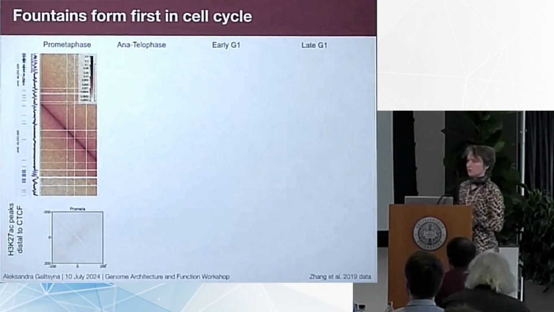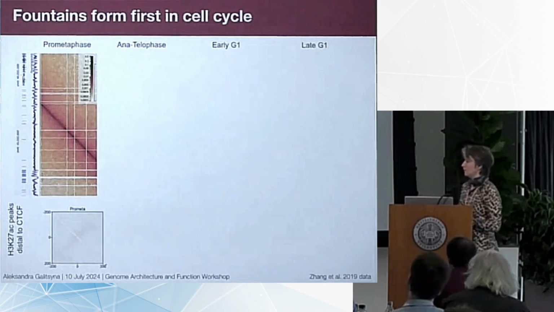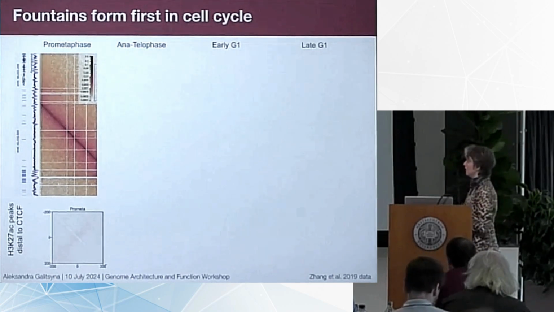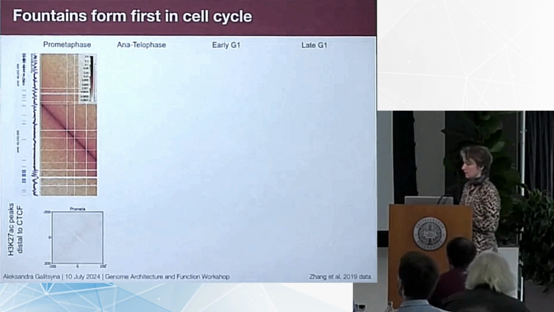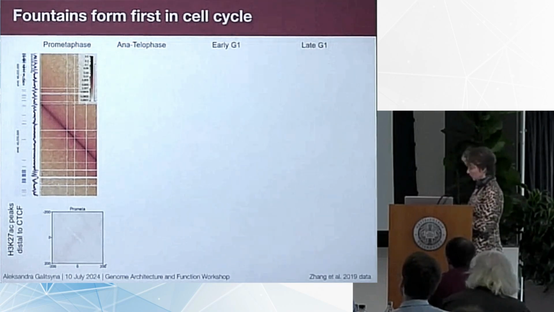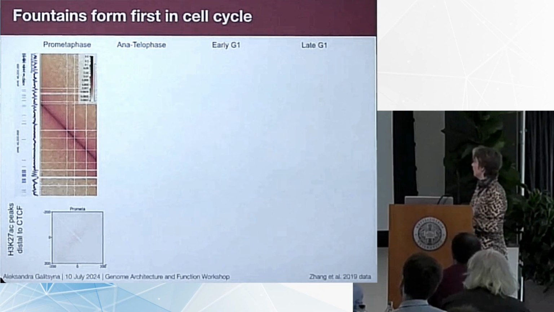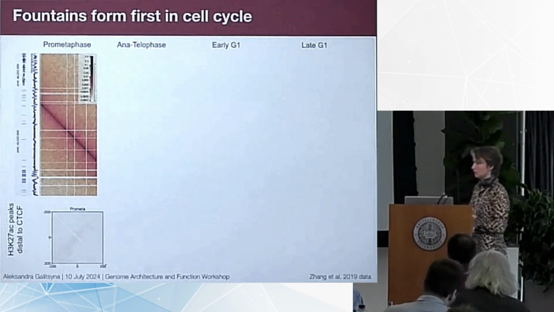And here we can try to look at some other experimental system, and this is from Gerd Blobel's lab, the data on a mouse erythroblast-like cell line, where they synchronized the cells and performed Hi-C, and it is very good quality Hi-C. So you can see that at prometaphase there are no structures formed. And if we take enhancers, then we see that there is also no enrichment and practically no structures there.